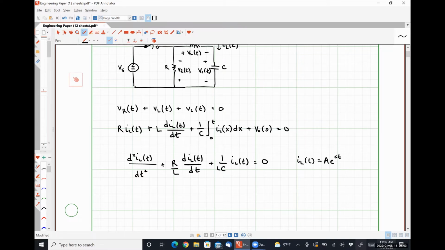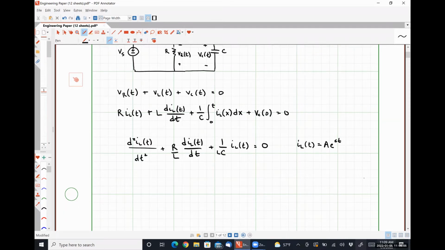So when I do my substitution, I'm going to have s squared A e to the st plus R over L times s A e to the st plus 1 over LC A e to the st is equal to 0.